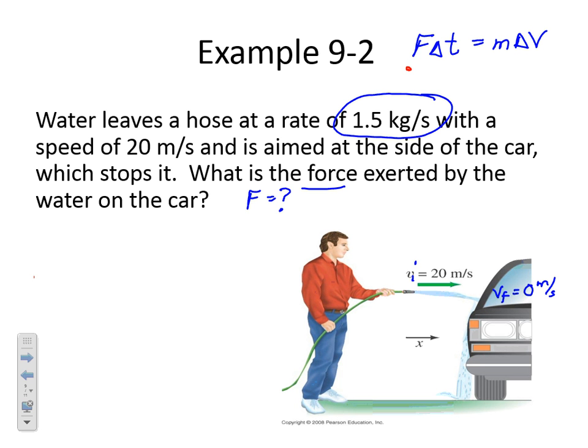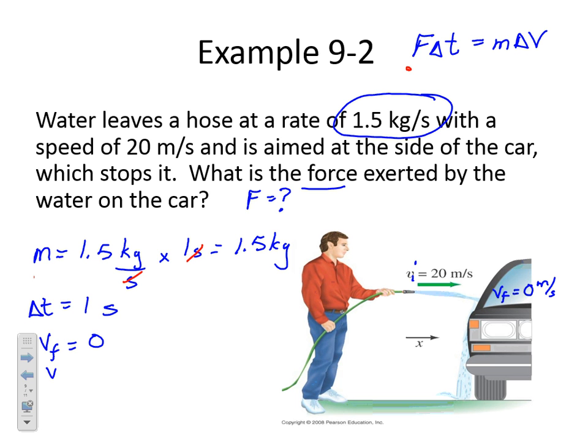So if we think about mass, we could say mass is 1.5 kilograms per second, and if we assume our time period is 1 second, we can say 1.5 kilograms is our mass if our delta t is equal to 1 second. So that's how you take care of those units. Our Vf is 0, our Vi is 20 meters per second, and we're trying to find our force.